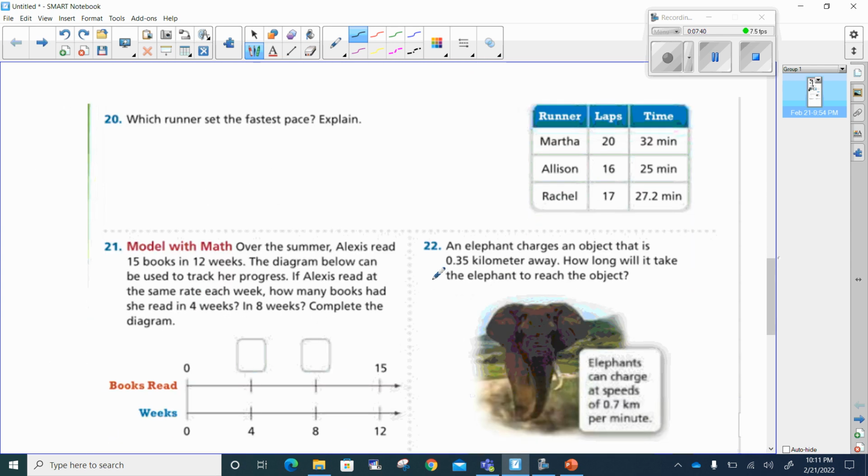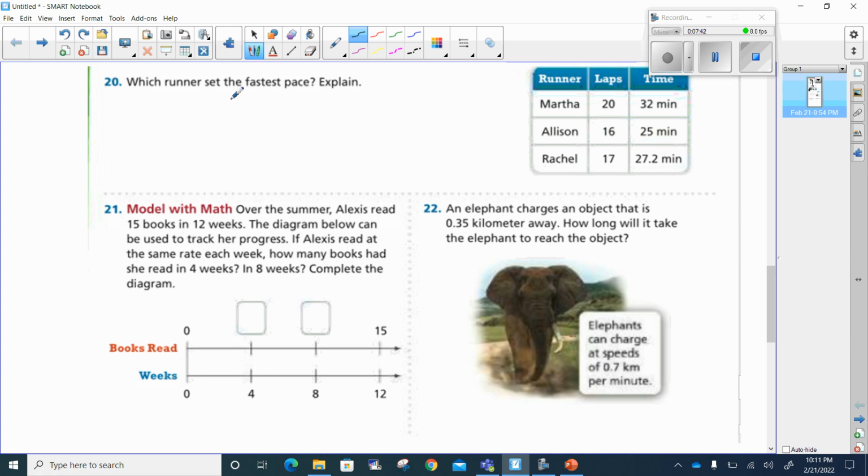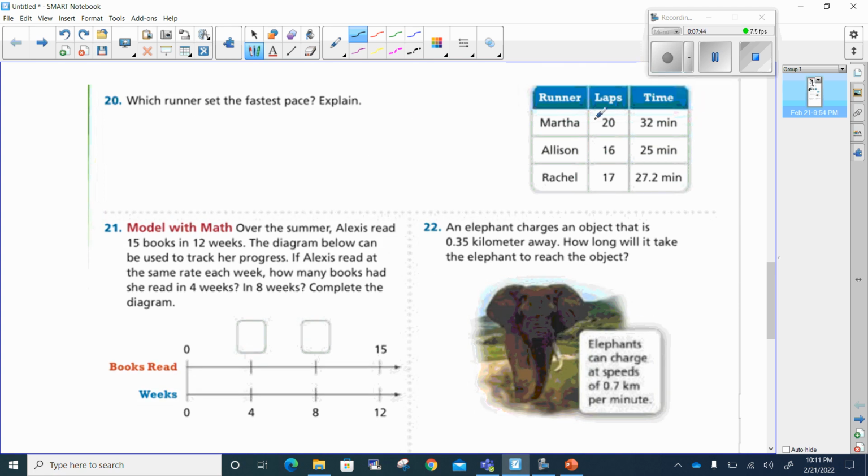It says, which runner sets the fastest pace? We got Martha, Allison, and Rachel. And we got 20 laps in 32 minutes. So that would be 32 minutes divided by 20 laps. We'd be able to find out how much she does in 1 lap, right?